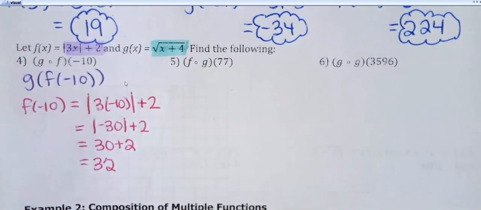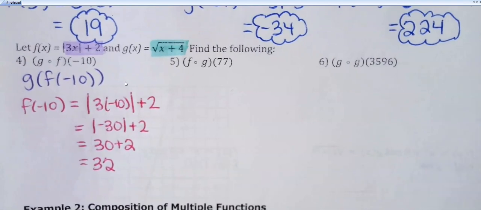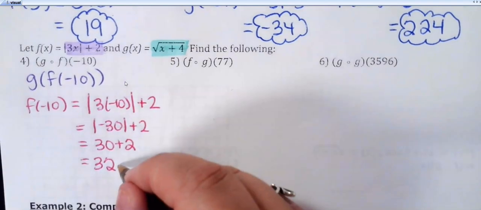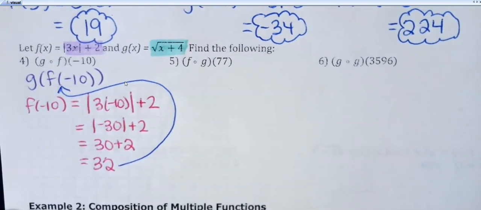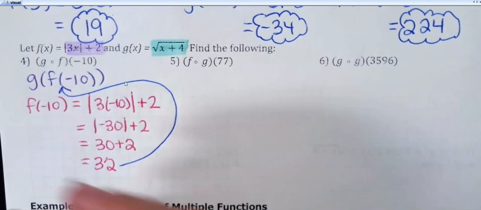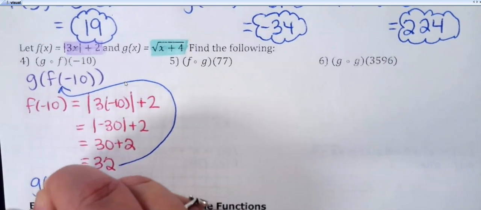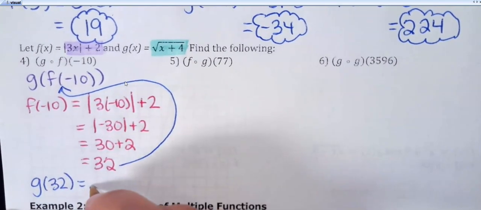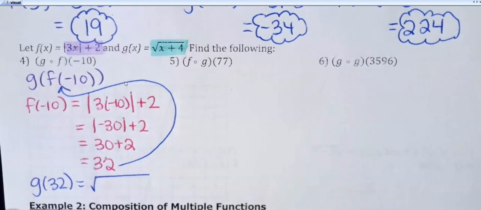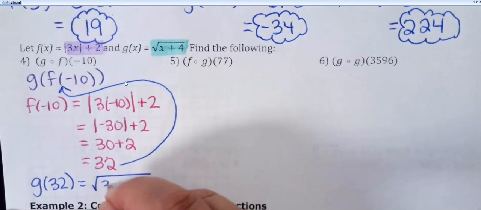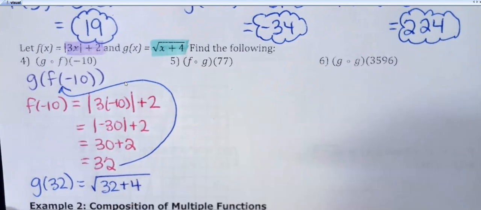Once you have that, we're going to grab this and plug it into the g function. So f of negative 10 equals the 32. So then we're going to do g of 32. All right, so in my g of x function, it's the square root, and all this is under the square root, the 32 plus 4.